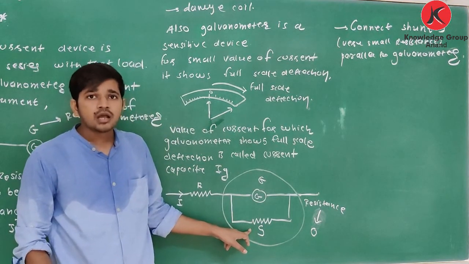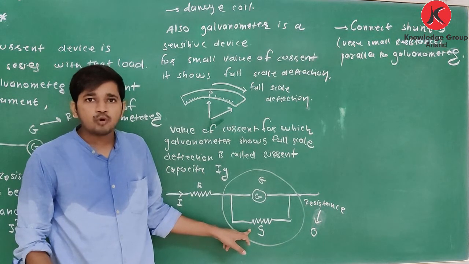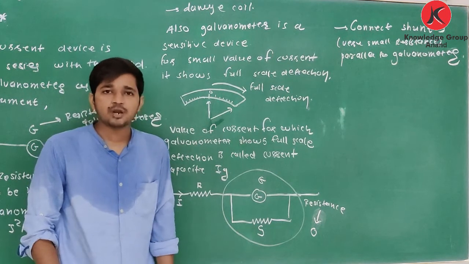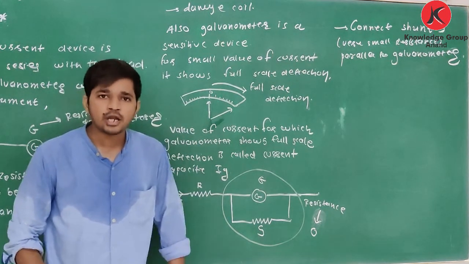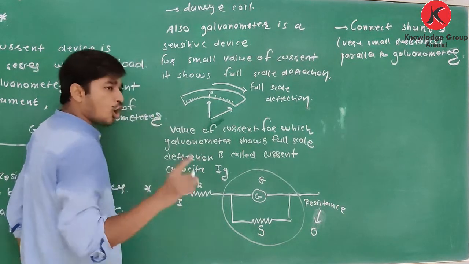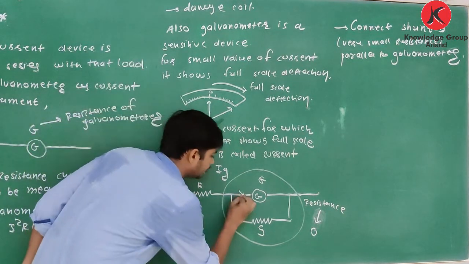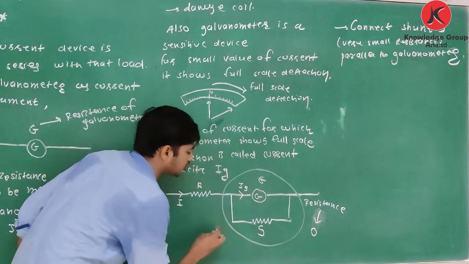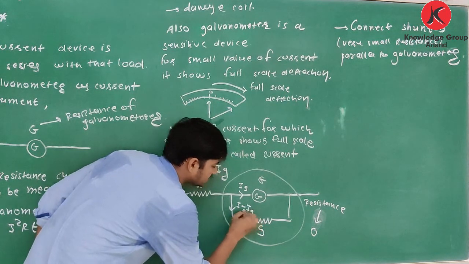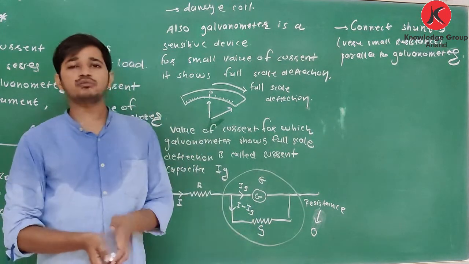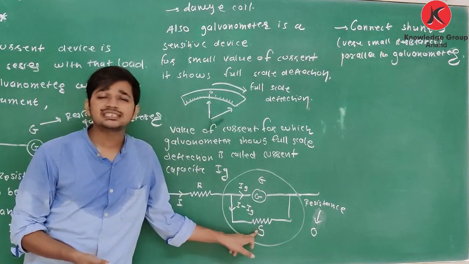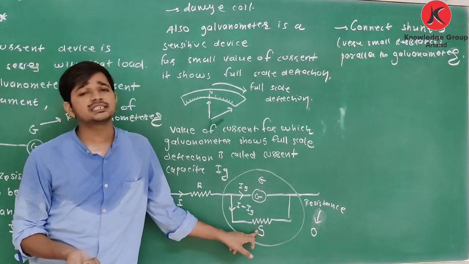It means current flows more when resistance is small. Yes, I is equal to V upon R. So from this current I, only Ig current is flowing through the galvanometer, and most of the current, that is I minus Ig, will flow through the shunt. Most of the current will flow through the shunt because its resistance is very small.